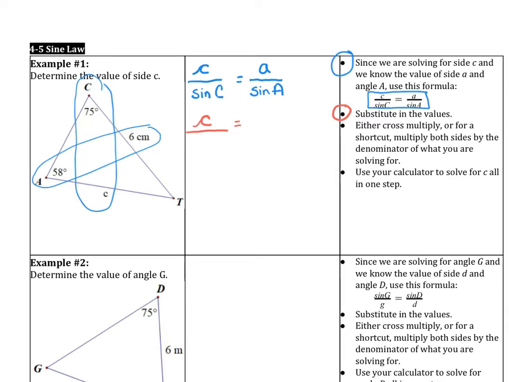So that's going to be side c over the sine of angle C. We know angle C, so it's going to be sine of 75. And little a is side a, which is 6, over the sine of angle A, which is 58. So it's 6 over sine of 58.